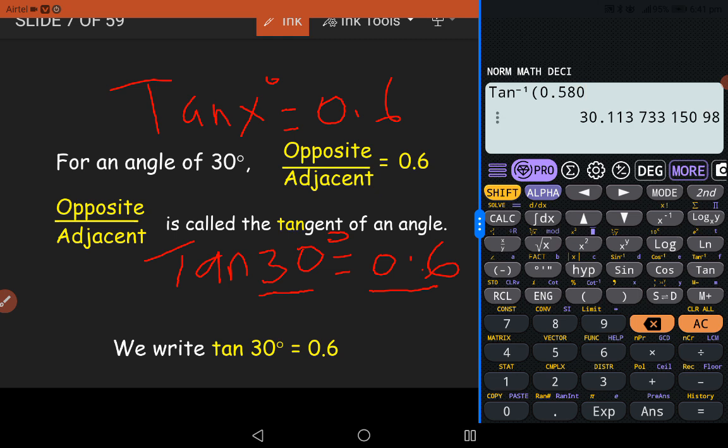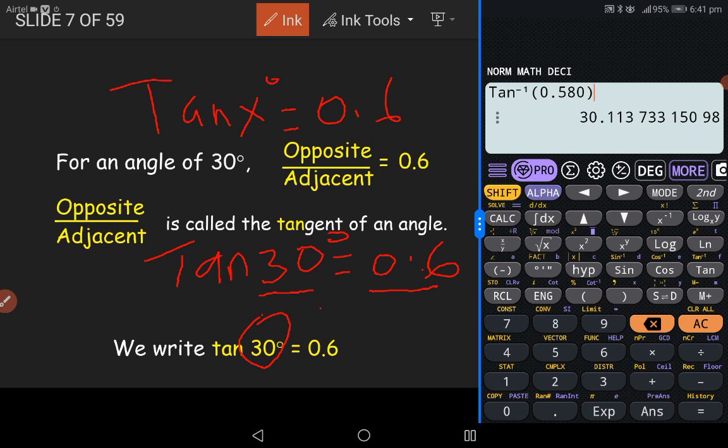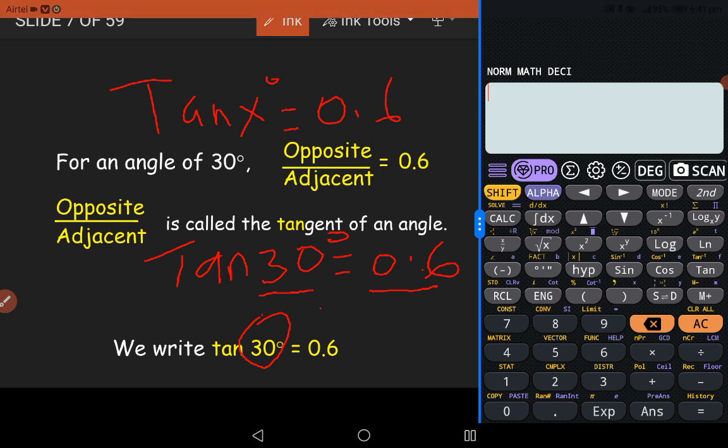0.58. You find that what you are getting is 30.11, which is close to this angle here, which we got. So in most practical cases, you can round off figures. Once again, if you do tangent of 30 degrees on your calculator, you find 0.57735.